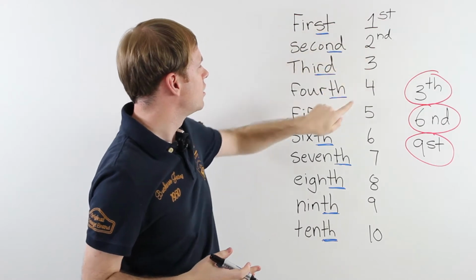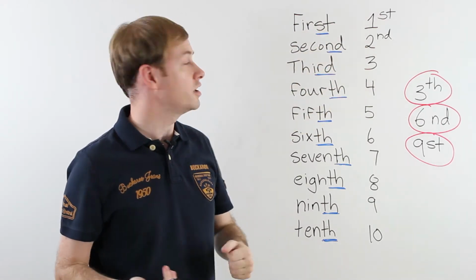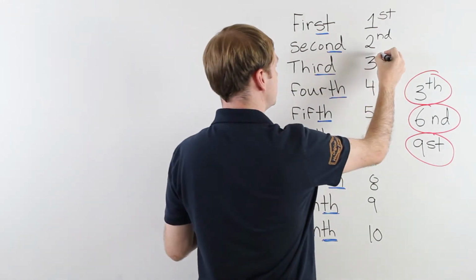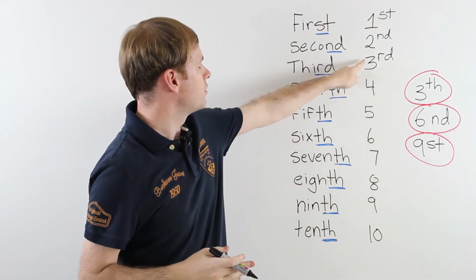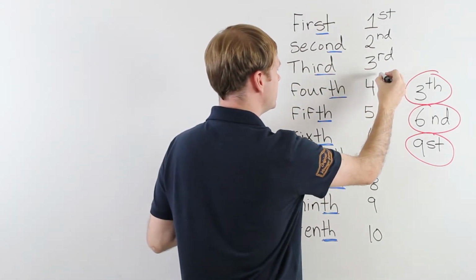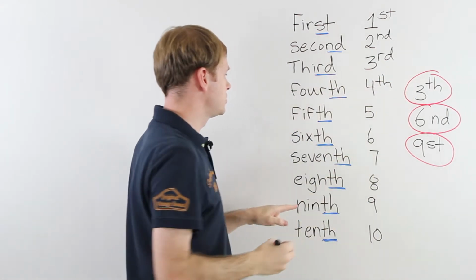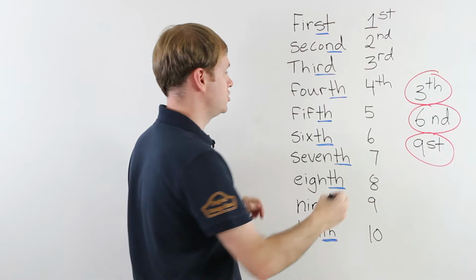First, second, third. The last 2 letters, RD. So we have to go over here, RD. Third. Fourth, TH. Fifth, 5, and again, TH.